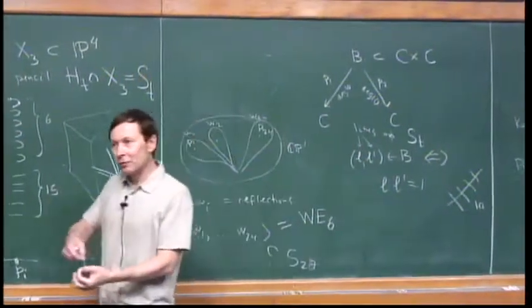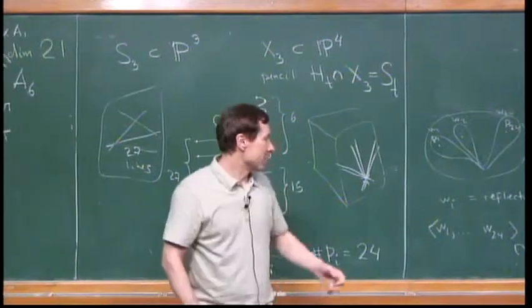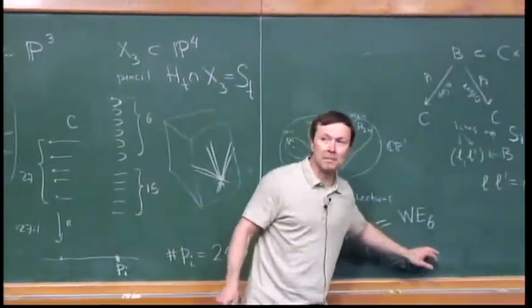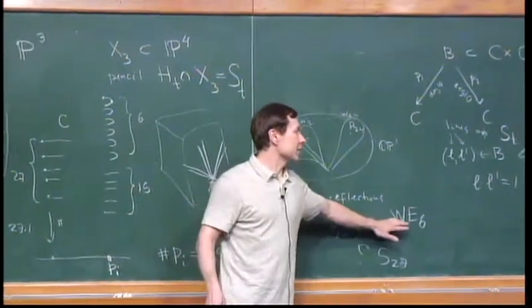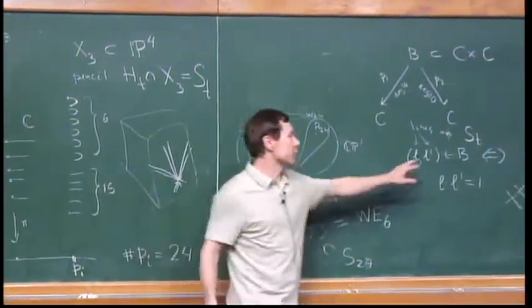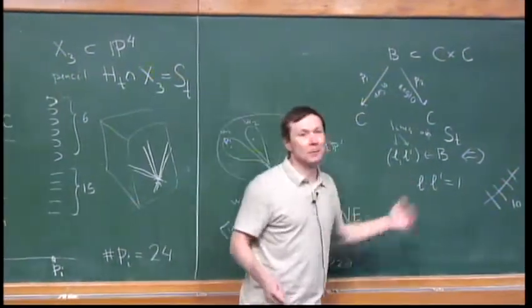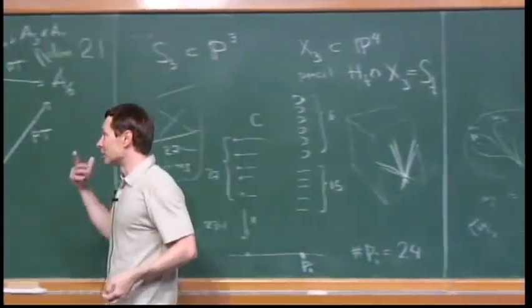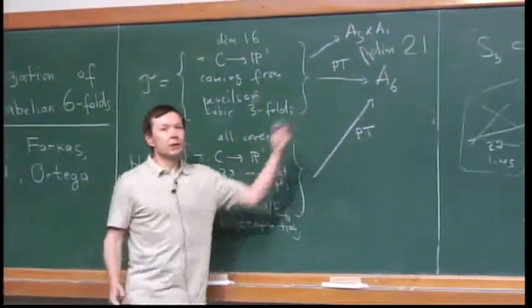And even if you go far away, so you change things by a monodromy, this monodromy is W(E6), and this group acts by reflections. So it preserves these products. And so this correspondence is well defined for any such cover. So there is still the Prym-Tyurin map.